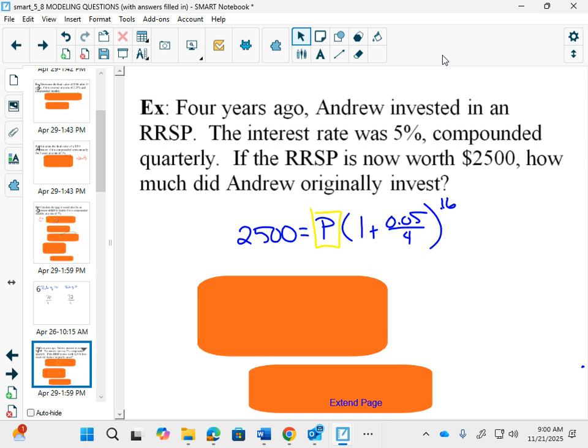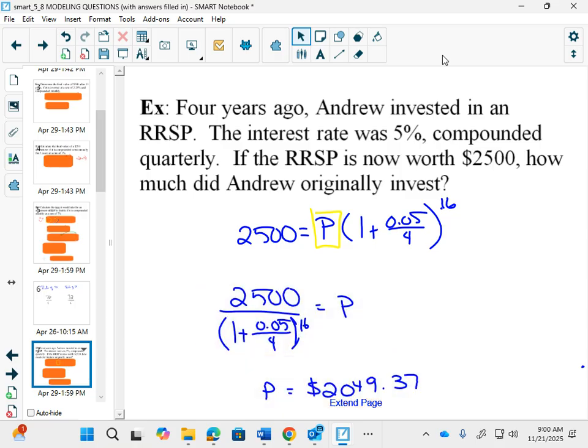No. So we do not need logarithms. So the more common kind of question here, I'll put up the answer to this one, because you could just get the P by itself, plug that into your calculator.